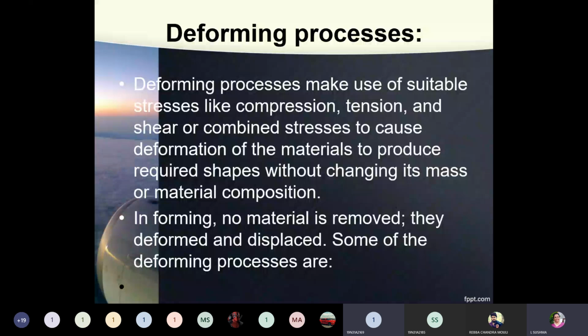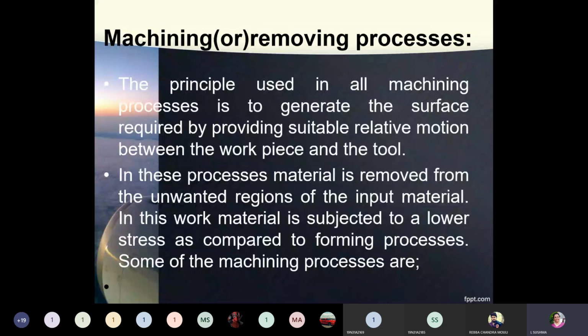Now the next one is machining or the metal removing process. This is nothing but you are going to use the tool and the workpiece.